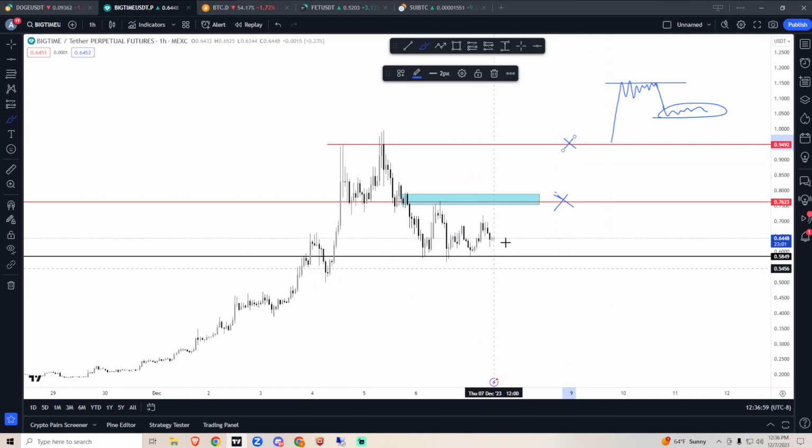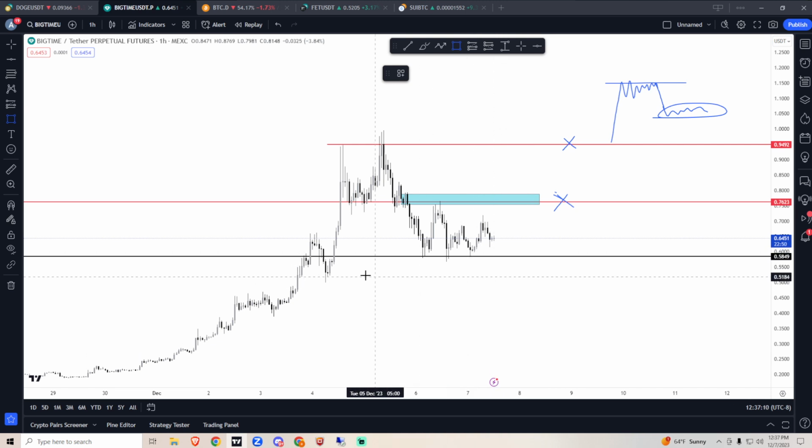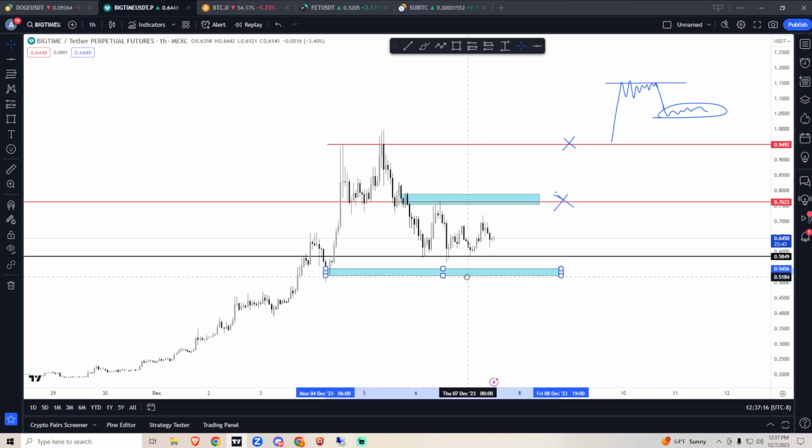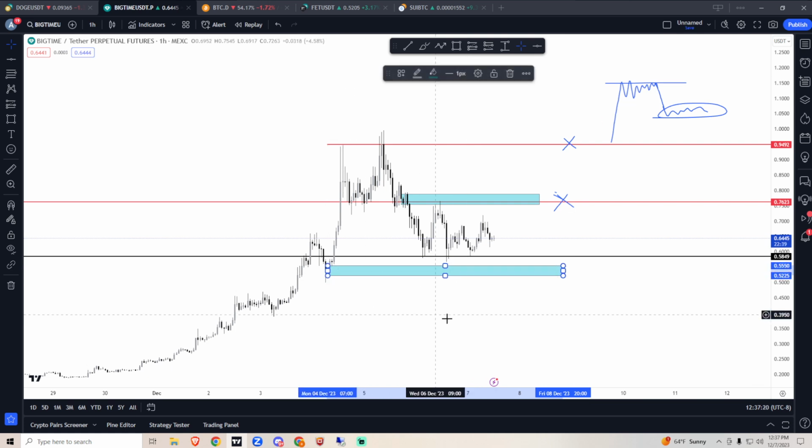So it's simple range trading. If we come back down to support, you'd long it. Now, in my opinion, if you were to long, this is where I would long. This perfectly tapped the demand zone and bounced higher. Now we're going to play this order block.